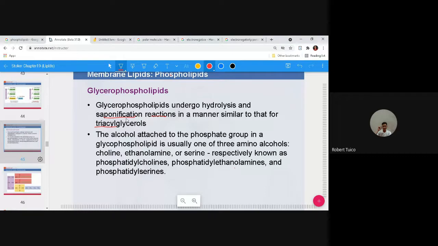The alcohol attached to the phosphate group in a glycerophospholipid is usually one of three amino alcohols: choline, ethanolamine, or serine, respectively known as phosphatidylcholines, phosphatidylethanolamines, and phosphatidylserines.